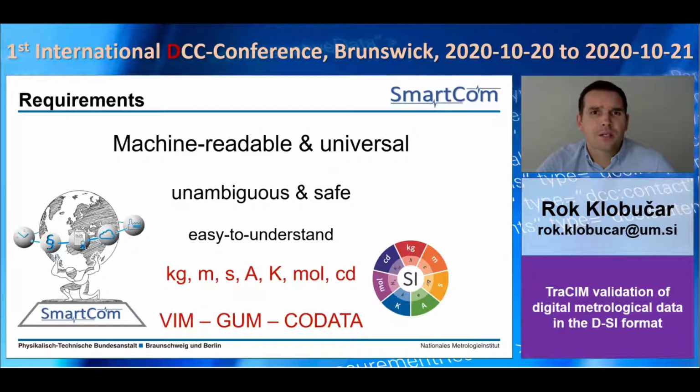Here are the basic SI units, like kilogram, meter, seconds, ampere, Kelvin, mole, and candela. But also some other things should be taken into account, such as VIM, International Vocabulary of Metrology, GUM, Guide to the Expression of Uncertainty in Measurement, and CODATA. This is the Committee on Data for Science and Technology.